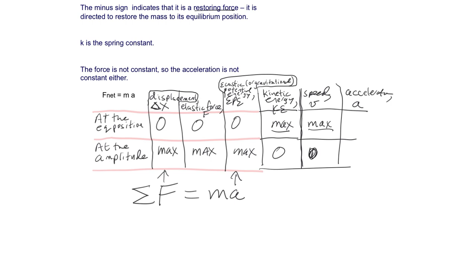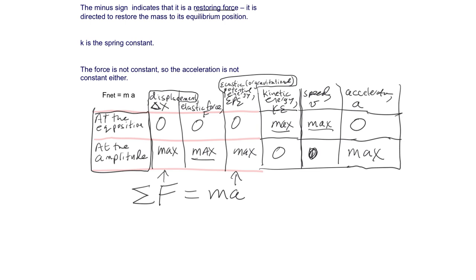At the amplitudes. We already explained that. And so the acceleration would be 0 at the equilibrium position. Okay, that's kind of a tricky one, but you should learn these.